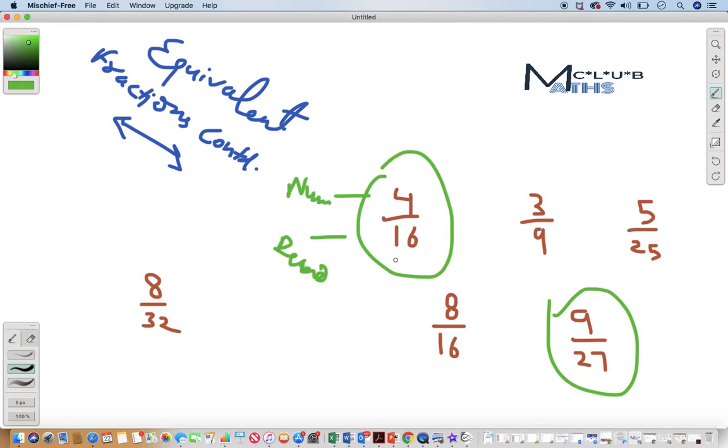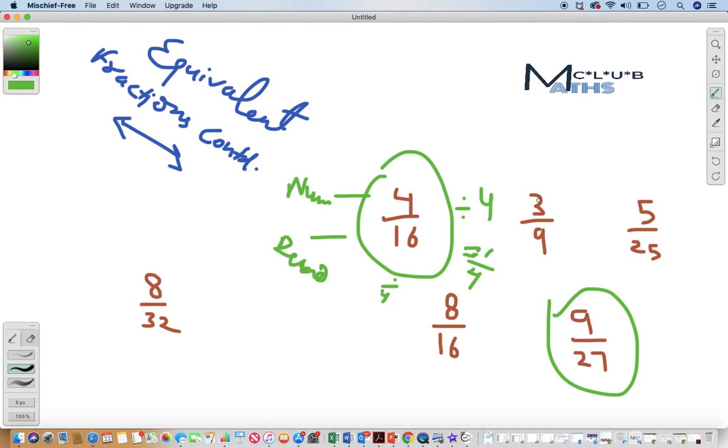What I mean is, if I divide 4 by 16 with 4, then 4 divided by 4 is going to come out to be 1. And if I divide 16 by 4, it's going to come out to be 4. So my equivalent fraction is 1 by 4.